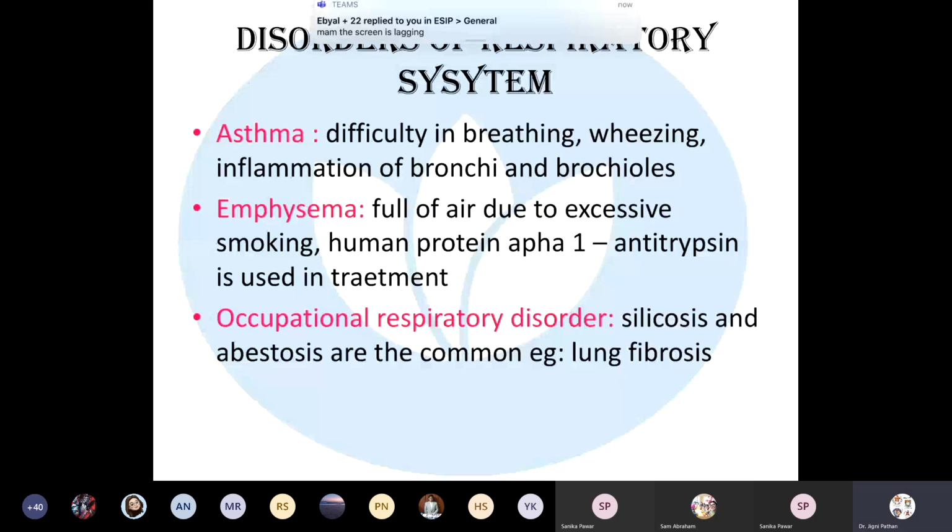Sanika, can you please take a screenshot of this slide and upload? Yes, ma'am, anyone can do that. Ma'am, what is alpha-1 antitrypsin used in? It is used in treatment. I told you the spelling is wrong.